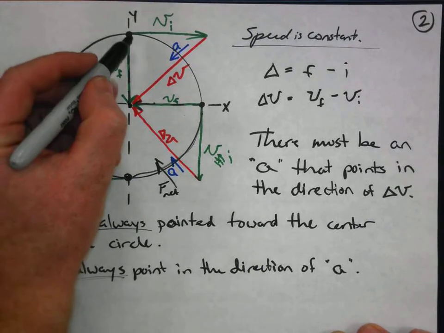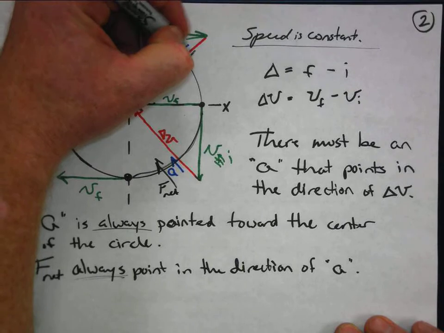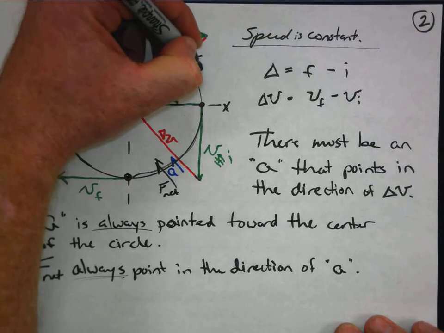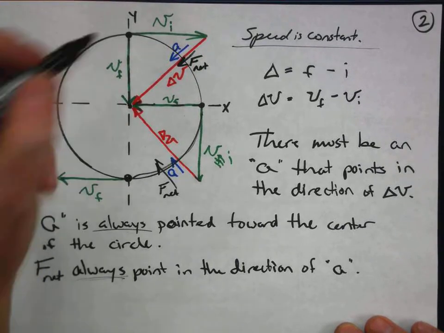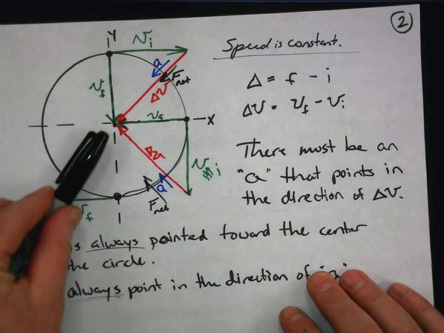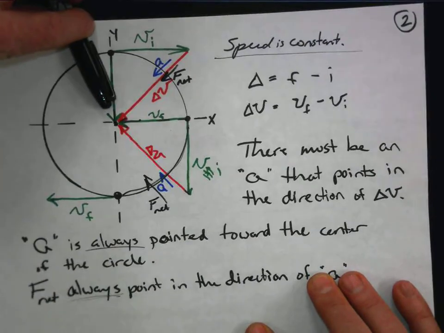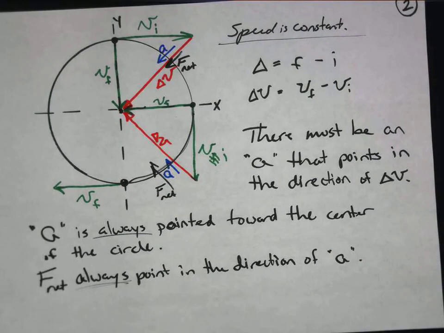From here to here, the net force is also aimed toward the center of the circle. Always. It doesn't matter where the object is, as long as it's traveling around the circular path, the net force is always going to be pointed at the center of the circle as it travels around. That's super important to realize.